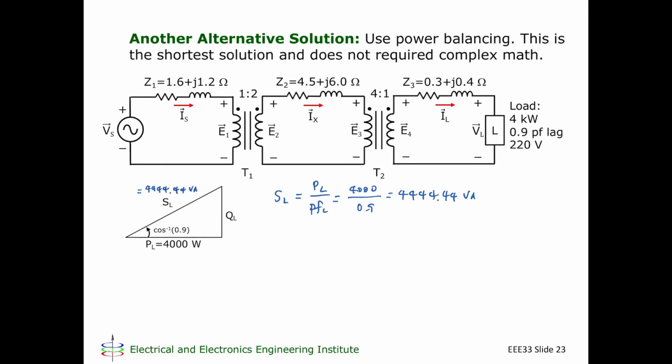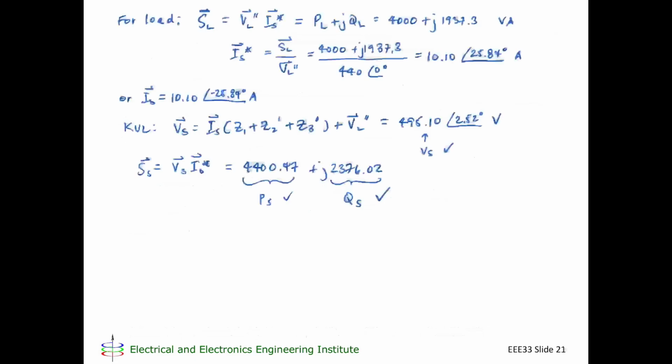And from that, well, QL we determined from here. Yes, QL is this, 1937.3. We already determined that earlier.